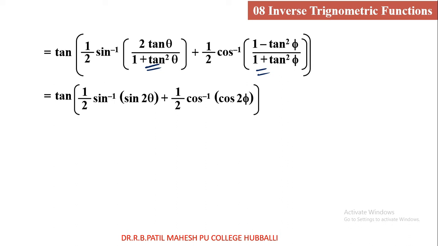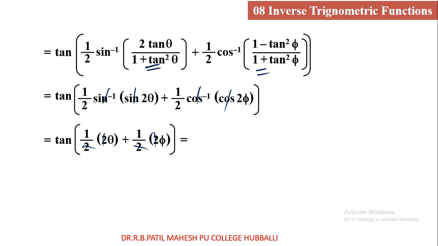By the properties of inverse trigonometric functions, you know that sin inverse and sin, cos inverse and cos get removed, so that tan of the remaining terms: 1 by 2 into 2 theta plus 1 by 2 into 2 phi. Very simple simplification, 2 and 2 get cancelled, so that tan of only theta plus phi remains.